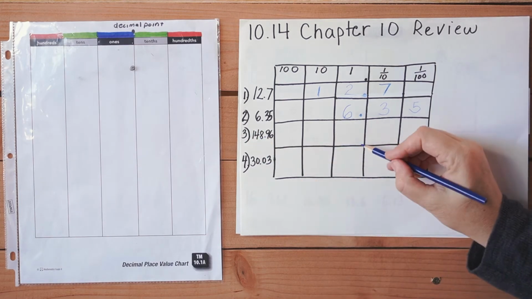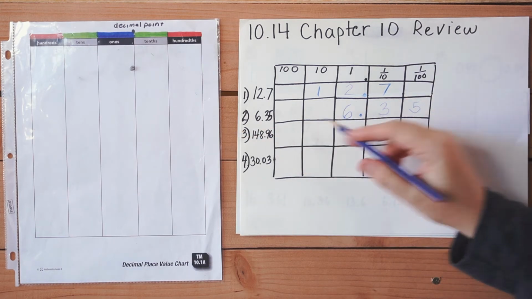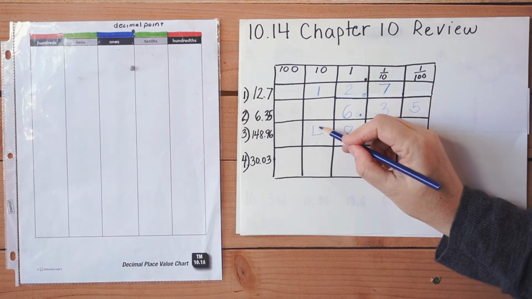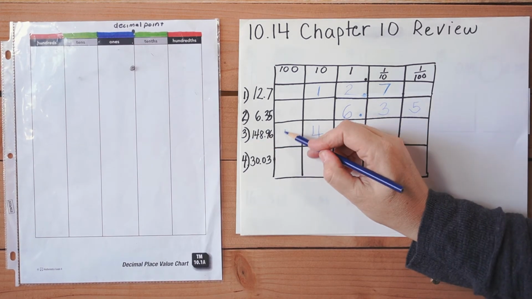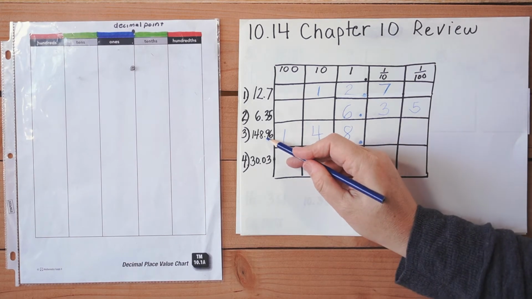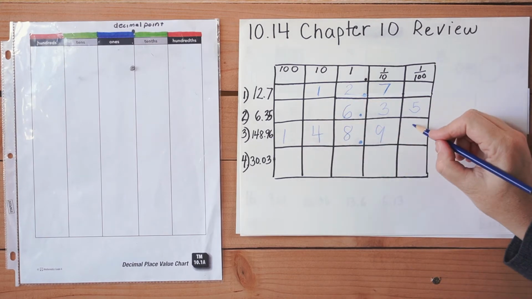I would just start at the decimal point again. Then you can work your way backwards and forwards. 8 ones, 4 tens, 1 hundred. Now let's go after the decimal point. We have 9 tenths and 6 hundredths.